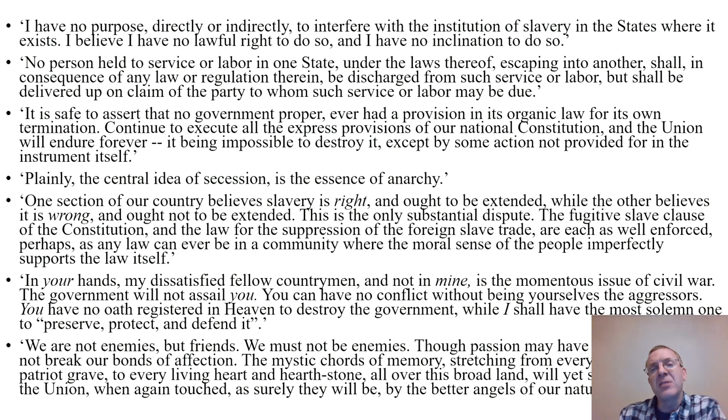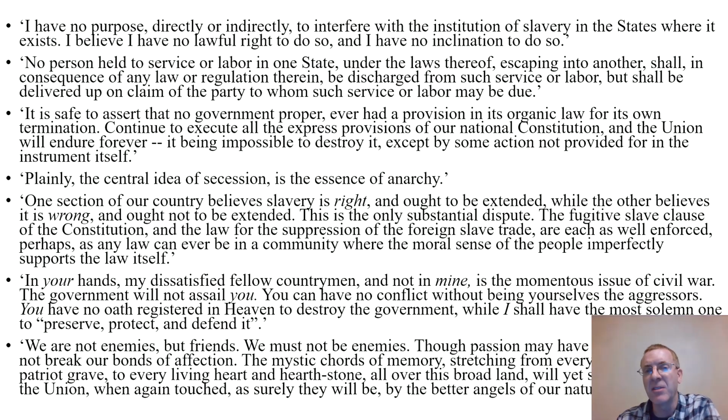And he's essentially saying he will act against it. And he addresses the Southerners and the Northerners on the issues of slavery. He says, "One section of our country believes slavery is right and ought to be extended, while the other believes it is wrong and ought not to be extended. This is the only substantial dispute. The fugitive slave clause of the Constitution and the law for the suppression of the foreign slave trade are each as well enforced, perhaps, as any law can ever be in a community where the moral sense of the people imperfectly supports the law itself."